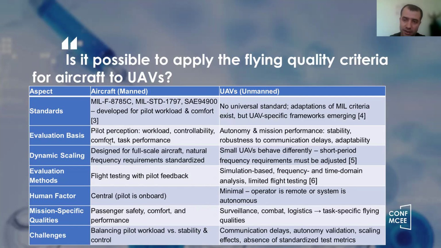Similarly, another author argues that UAVs are at the same stage piloted aircraft were when flying qualities were first formalized, suggesting that a new generation of UAV-specific criteria must be developed.